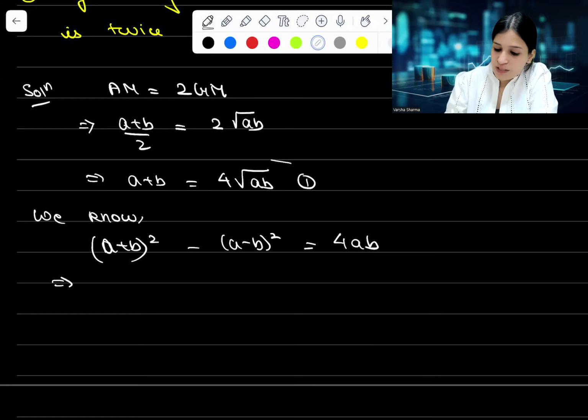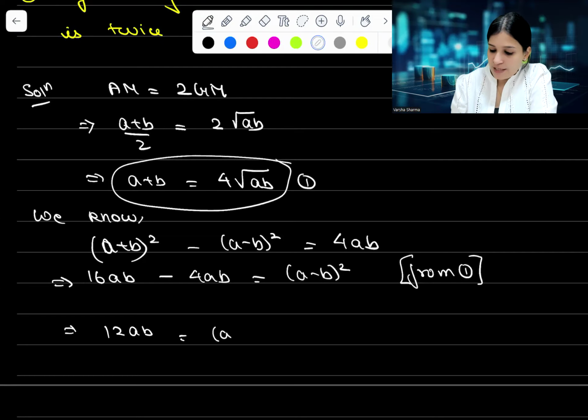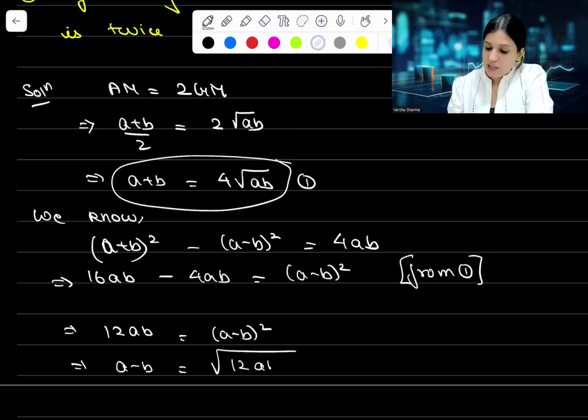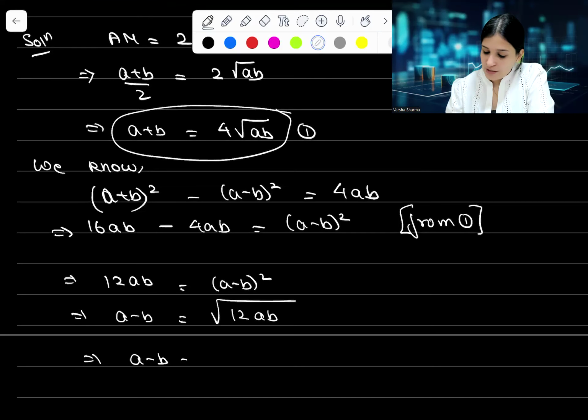In A plus B, put this value. 4 square is 16AB. 4AB comes to this side. So 12AB is (A minus B) whole square. From here, A minus B is under root 12AB. 12 can be written as 4 into 3. 4 can come out of the root and it becomes 2 root 3 root AB.